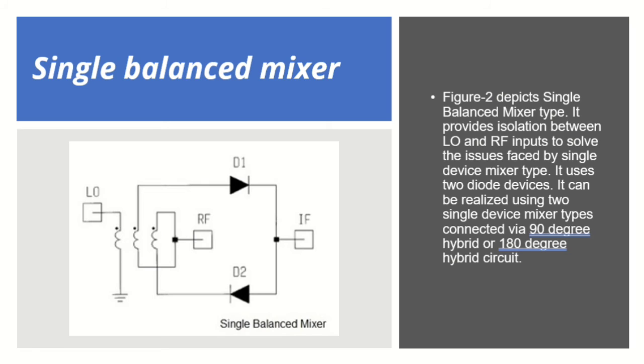let me draw it first. Okay, so if the LO is like this, positive and negative, then this diode will function and this one will be off. So the IF will receive part of the signal.